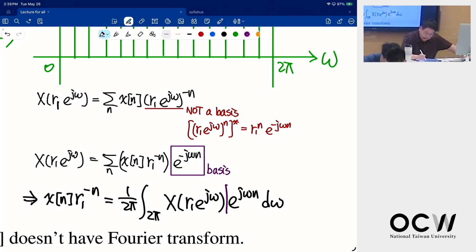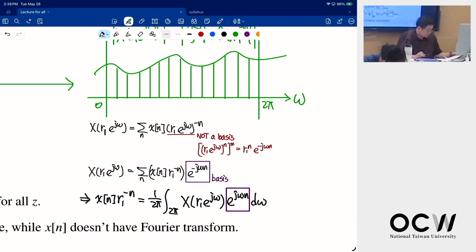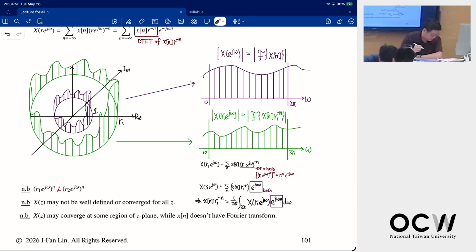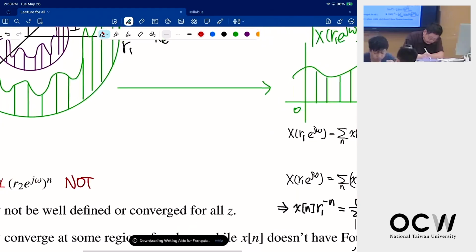This is still a basis. So those are not orthogonal, okay, because they are not the basis. Not orthogonal.